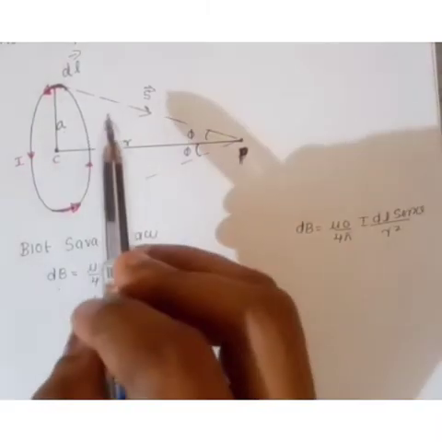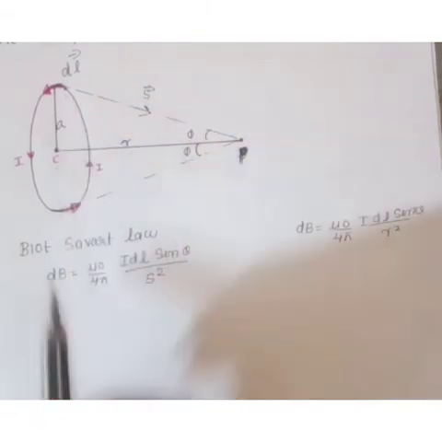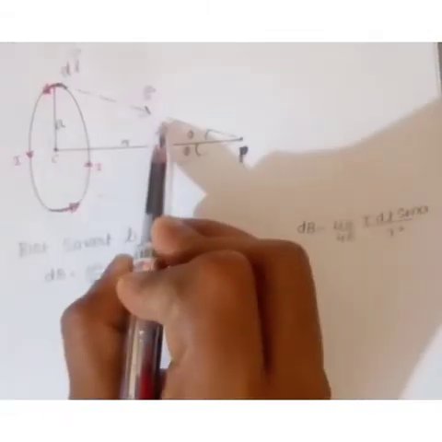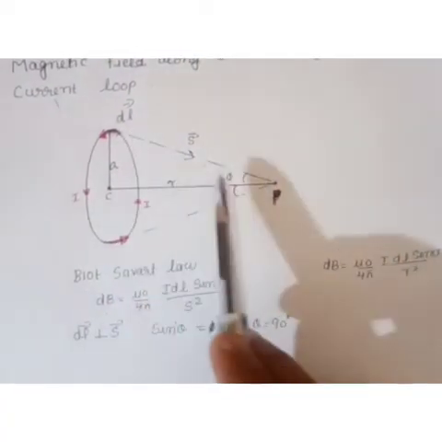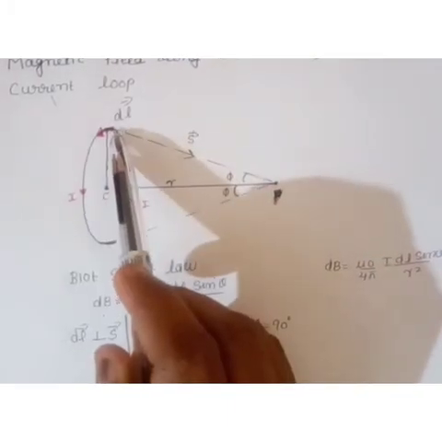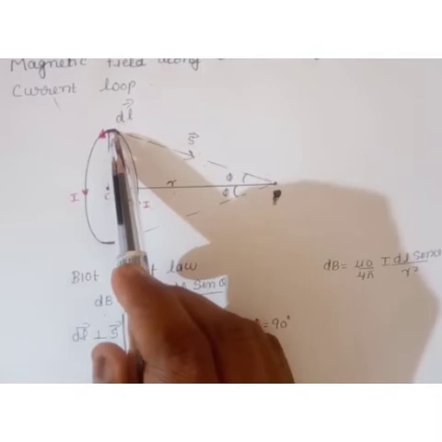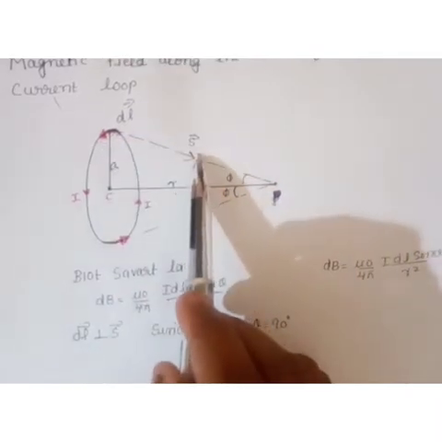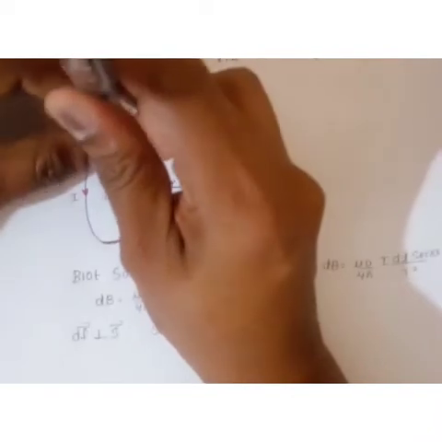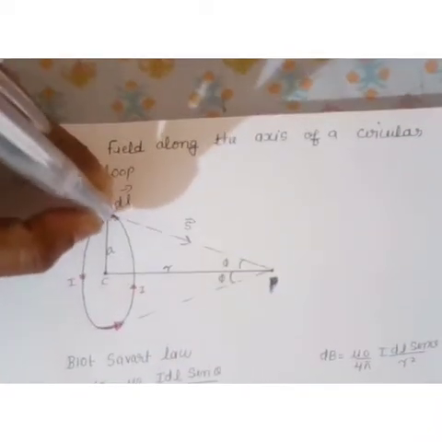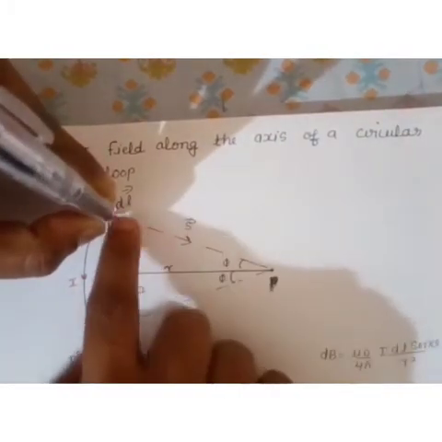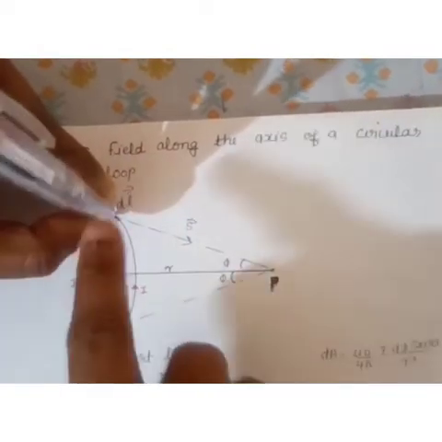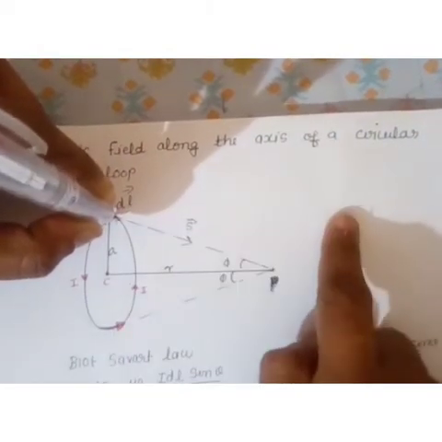Then you know that according to the Biot-Savart law, dl and s are perpendicular to each other. Since the current element's direction is perpendicular to s, because it is outward coming current, and the position vector is perpendicular to this current element, dl is perpendicular to s.